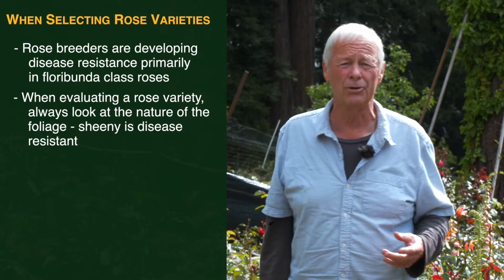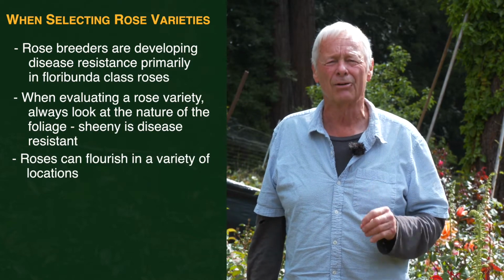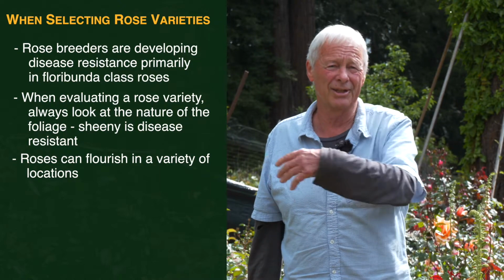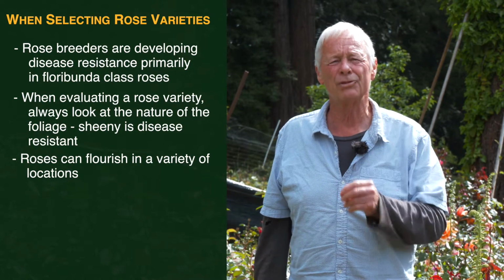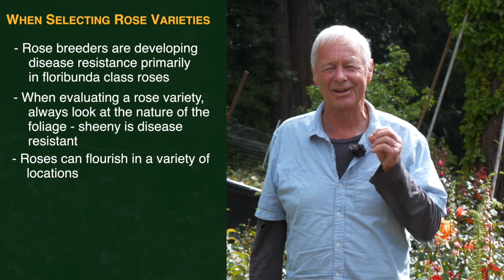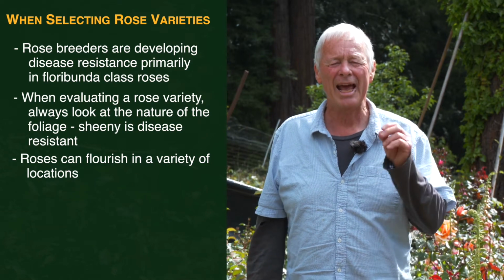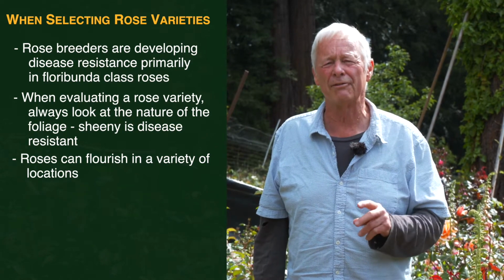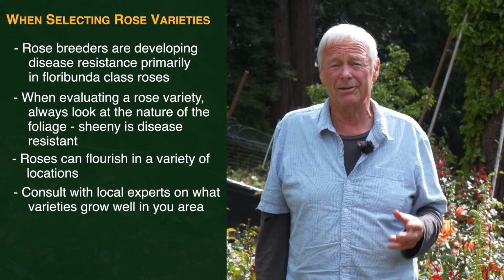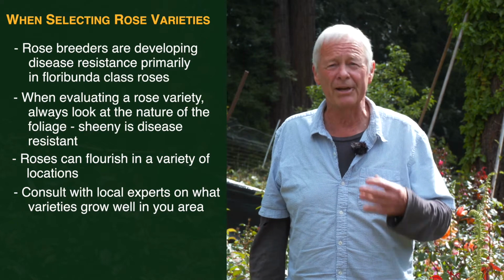Another thing you can do, because there are so many different localities within which you can grow roses, from the salt spray zone down by the Pacific to the desert: what does well in your area? Like real estate, it's all about location, location, location. What are the environmental climate conditions, weather, and all that. You can do yourself a favor before you venture into rose growing by consulting your local chapter of the American Rose Society, or anybody who grows roses.